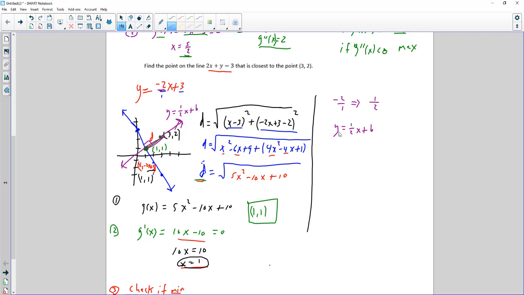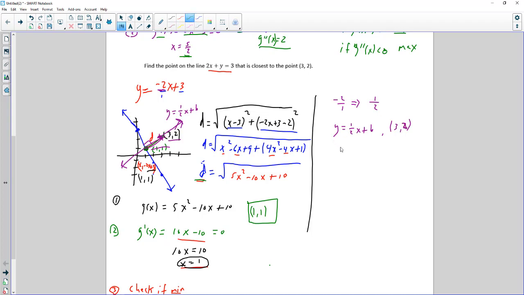Since I know that this coordinate 3, 2 is given, pretend I don't actually know this is 1, 1. I know this coordinate, 3, 2, is on this line. So we know 3, 2 is a coordinate, and we can just plug it in for x and y and solve for the unknown b.